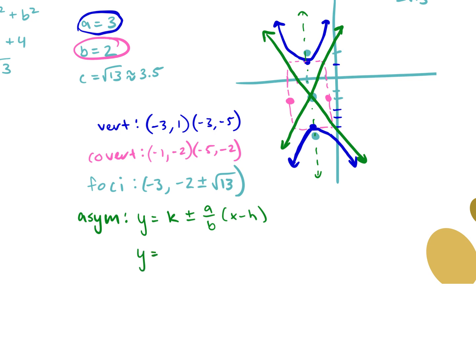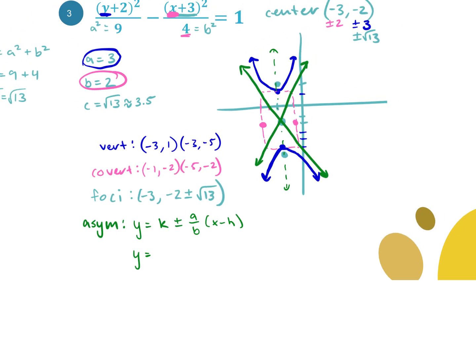So y is equal to k comes from our center. So -2 plus or minus a is 3 over b is 2 times x minus h. So x plus 3. So this is our equation for our asymptote.